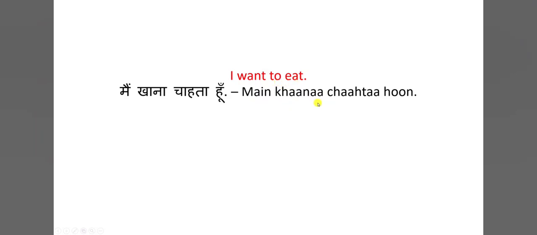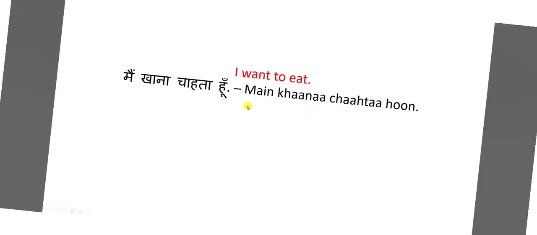We have learned to frame this sentence. This is a direct construction, meaning the verb suffixes change according to the number and gender of the subject, which is I here in this case.